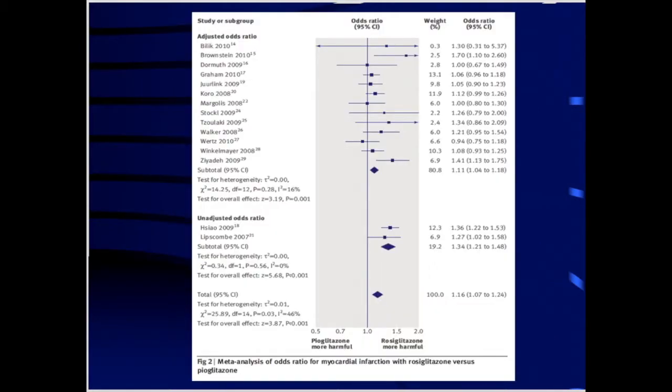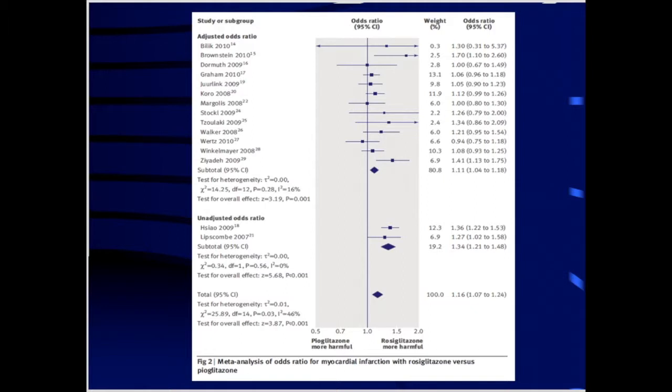Let's take a look. This is done on a recent meta-analysis on the comparative cardiovascular effects of thiazolidinediones, a systematic review and meta-analysis of observational studies. And this was published in BMJ in 2011 by Loke. And we can see here the overall effect, if we look at figure 2, the meta-analysis of odds ratios for myocardial infarction with rosiglitazone versus pioglitazone.